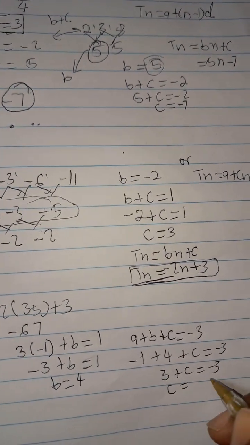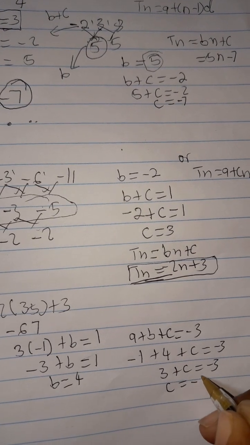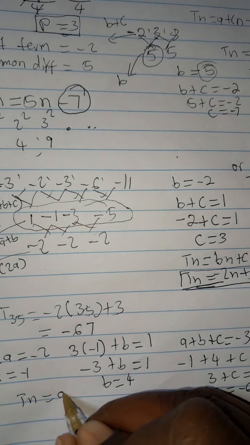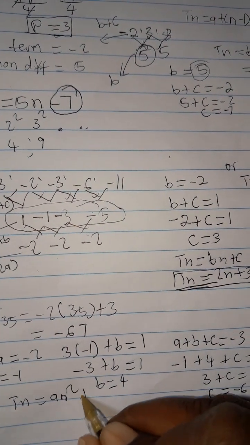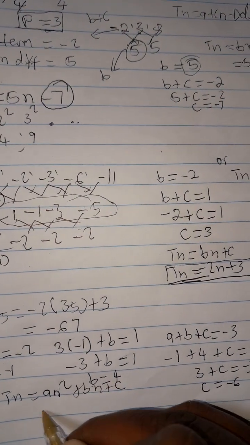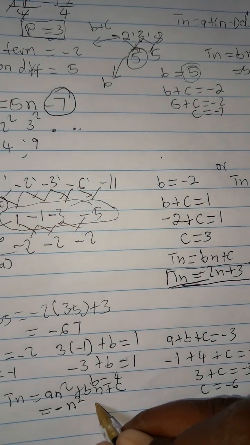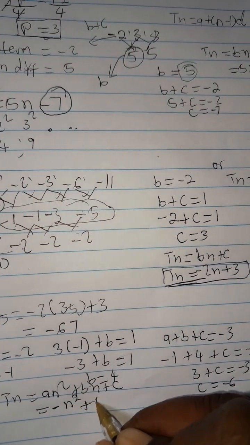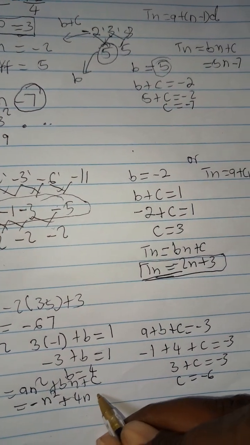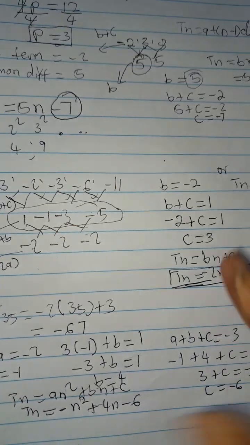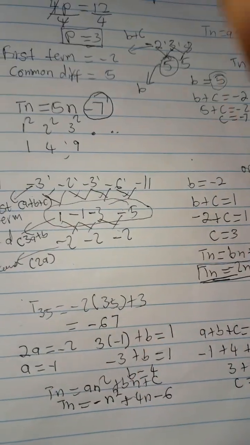Transpose 3 to the other side, it's the same as negative 3 minus 3, which gives you negative 6. So writing our general term of a quadratic, an squared plus bn plus c, let's substitute: negative n squared plus 4n minus 6. Right, that's the general term.